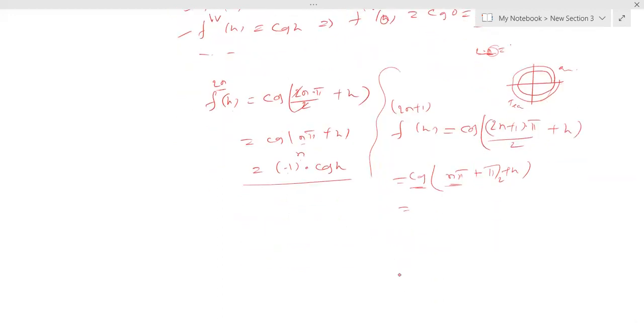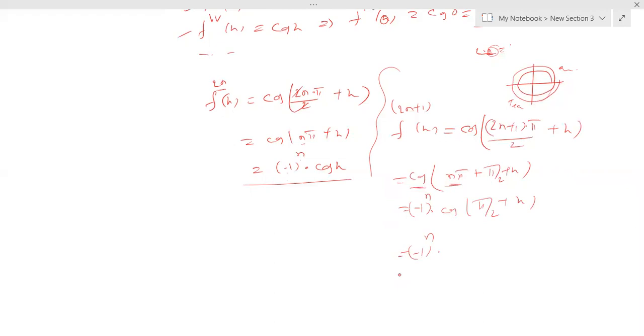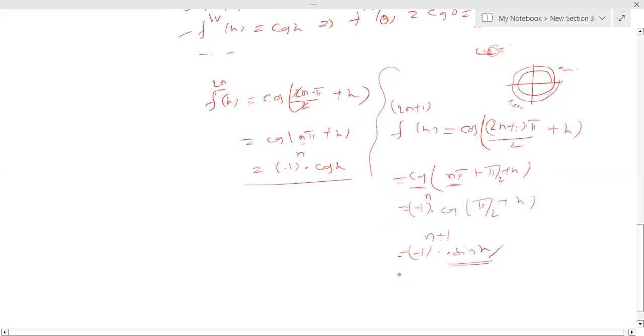This value becomes minus 1 whole power n into cos of (pi by 2 plus x). Cos of (pi by 2 plus x) is in the second quadrant, so it becomes minus sin x. That means minus 1 whole power n plus 1 into sin x. At 0, sin x value is always 0. Don't bother about it.